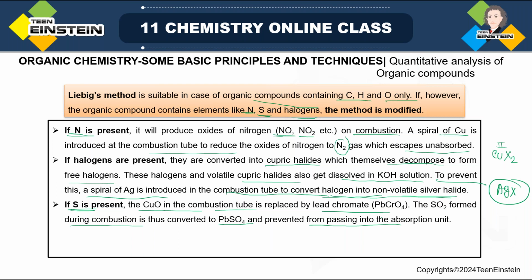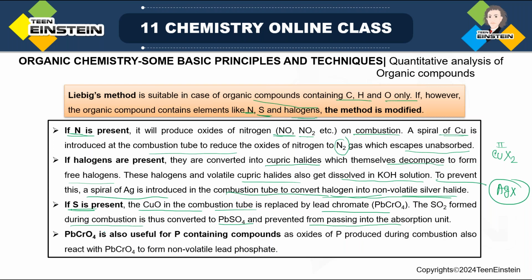Also this PbCrO4 helps if phosphorus is present. So PbCrO4 is also useful if there is phosphorus present in the organic compound, though that is not very common, but still if somehow it is present, then also PbCrO4 can help us, because now the oxides of phosphorus that will be produced during the combustion process will react with PbCrO4 and form non-volatile lead phosphate.